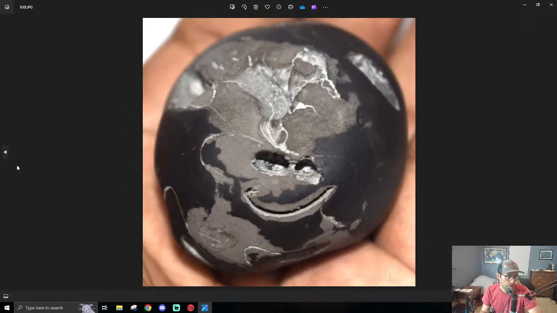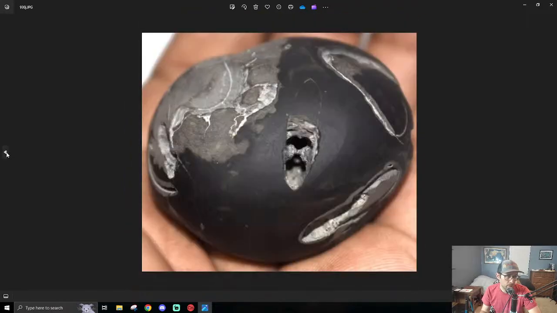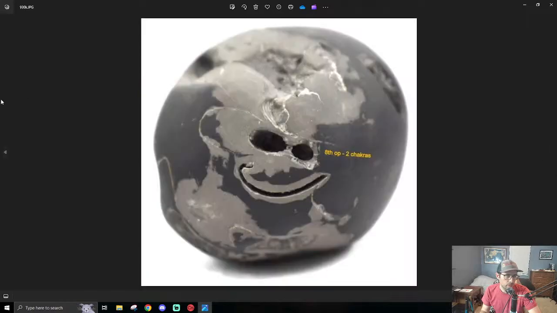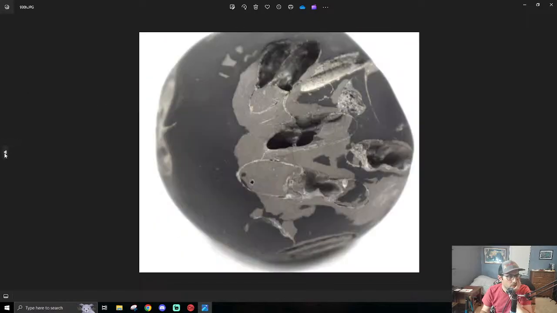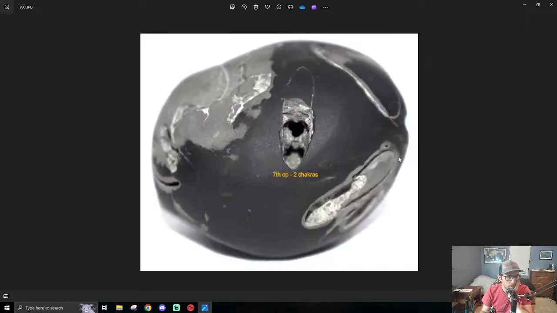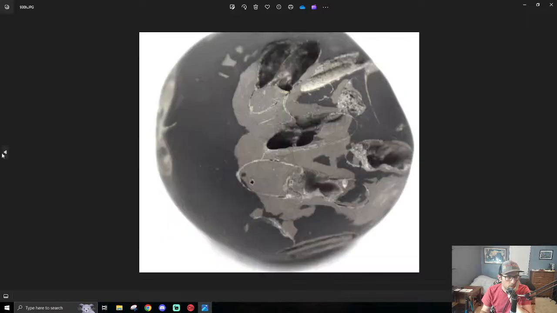I'm not sure where we're looking at relative to previously though. So that is this chakra thing, is this. This one is hard to find.